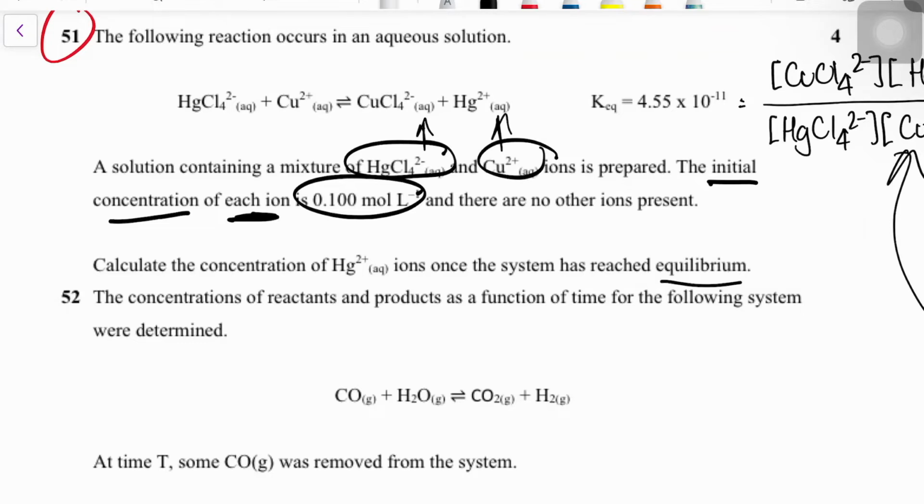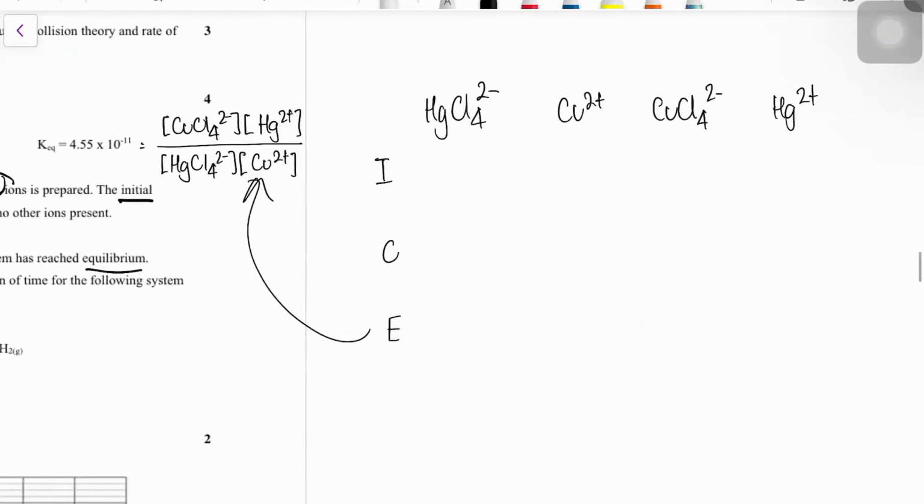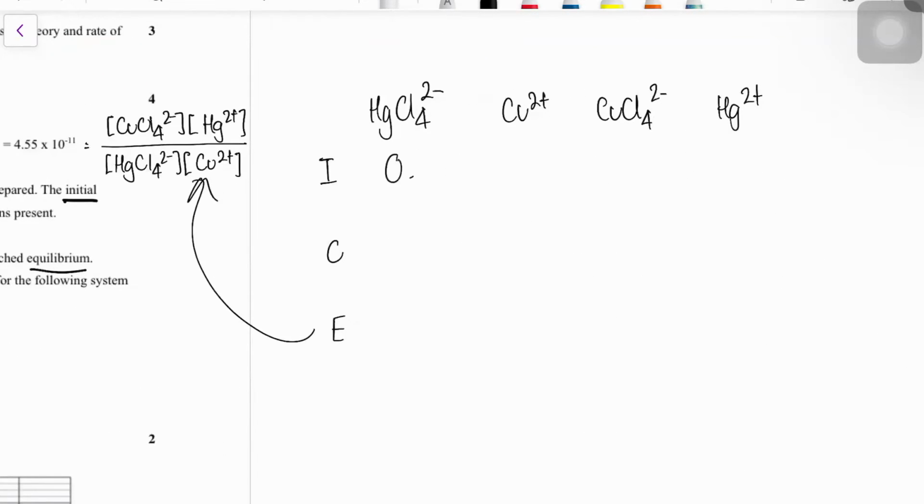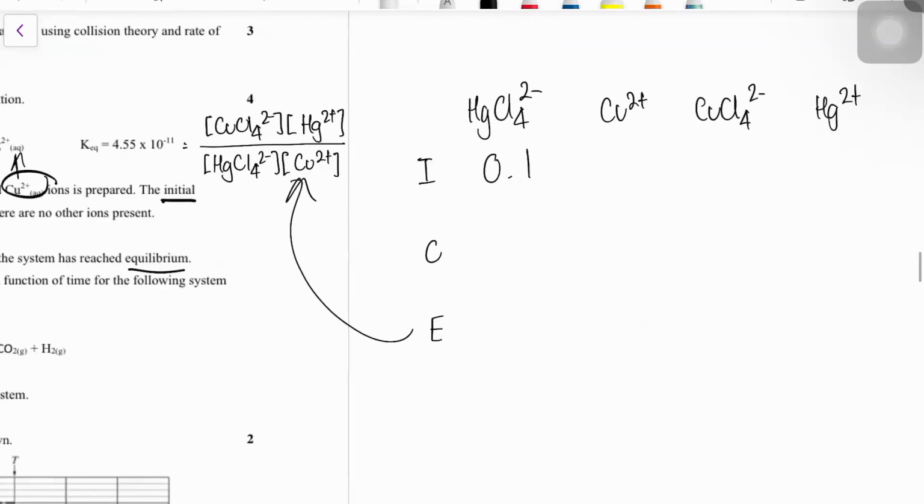And if they've given you grams, say I dissolved 5 grams in this volume, then you need to do mass divided by molar mass to get the moles first, and then divide by the volume afterwards. In this case, it's already in terms of concentration, so that's just going to be 0.1 for HgCl4 and 0.1 for Cu2+.